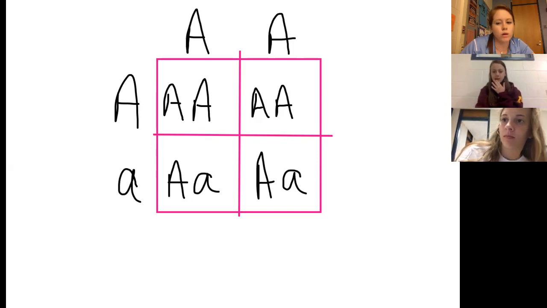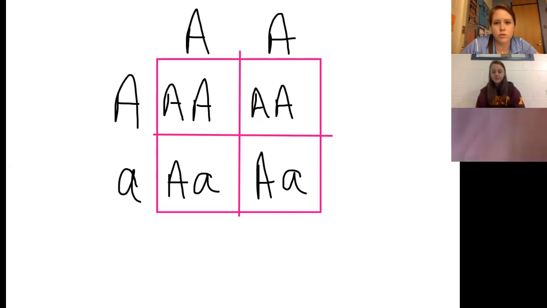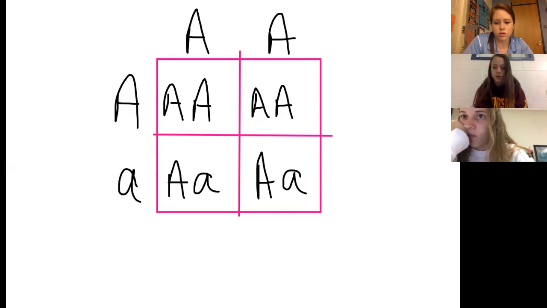Did you type a 1-to-1? Yeah, because it's 50% big A, little a, and 50% big A, big A. Exactly right, yep. Sid, I'm going to unmute you here. We're still looking at your screen, so keep that up there. So the genotypic ratio is 1-to-1.